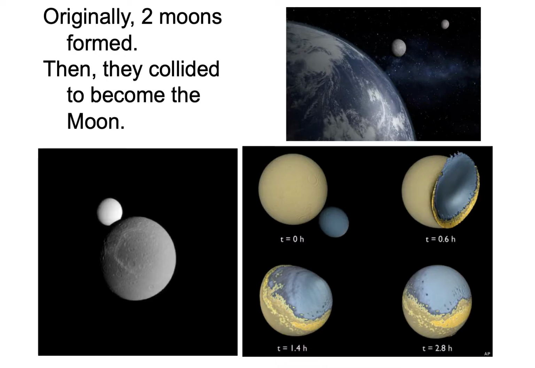The moon today that we see up in the sky is not uniform, so that one side of it is at lower elevation than the other. All of the huge mountains are on one side of the moon. It's been hypothesized, and some computer models have shown, that it's very possible that initially there were two large bodies, two moons, circulating around the Earth.